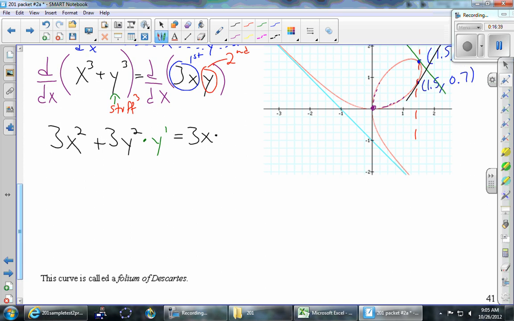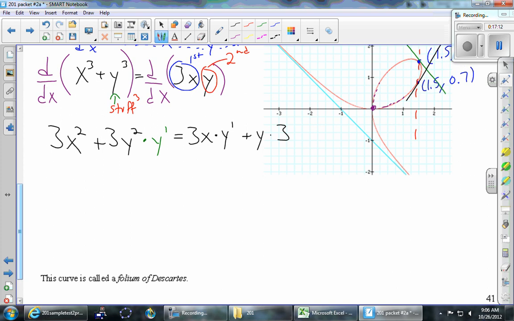It's y prime. It's not just 1. Anytime you're taking a derivative of something with y, tack on that y prime. In this case, it's pretty much the only thing to tack on. That's the first part of the product rule. Plus second times derivative of the first. Second is y times 3. Now there's going to be a bunch of algebra to do, but really the calculus is done.